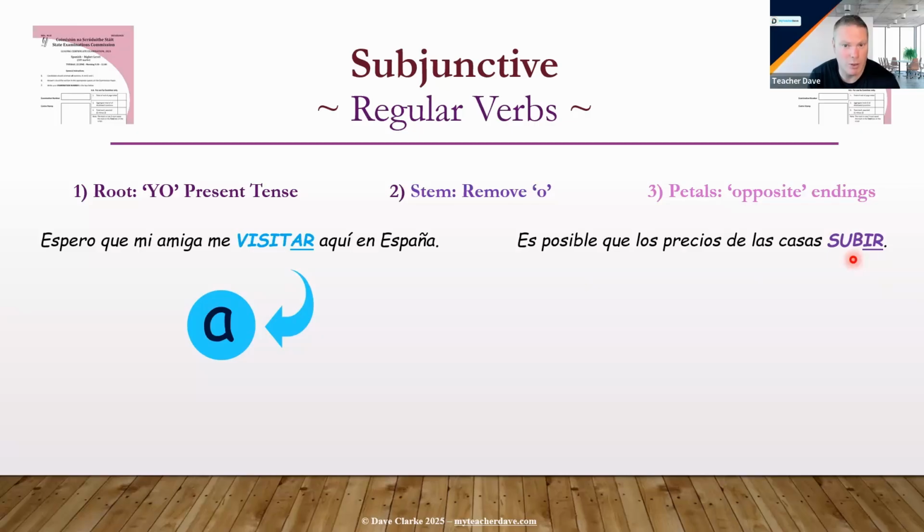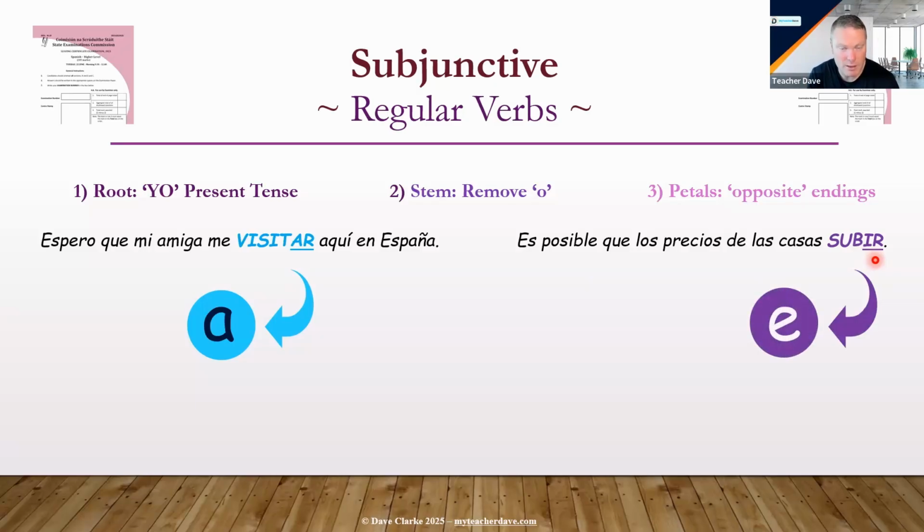There are various ways we could say this sentence in English. It's possible that house prices, that's another possibility. It's possible that house prices will go up, or it's possible that the prices of the houses will go up, that kind of thing. We know this is an IR verb in the present tense. Normal verbs, we know that the most common ending or letter in the ending is E.